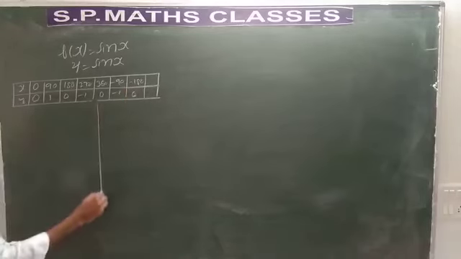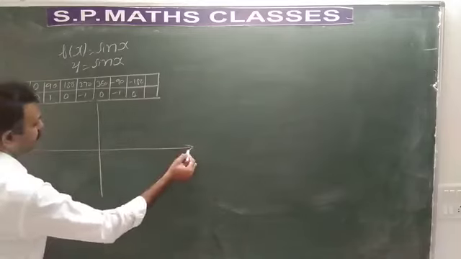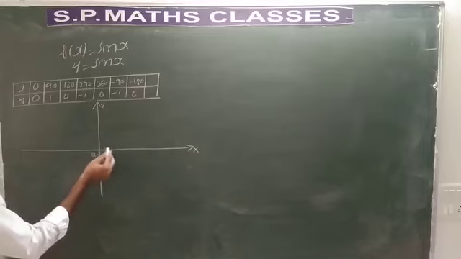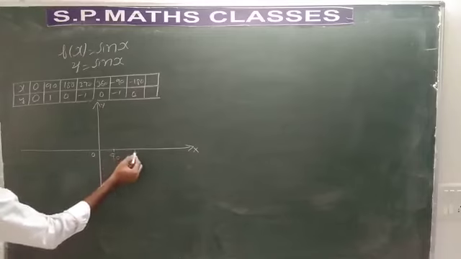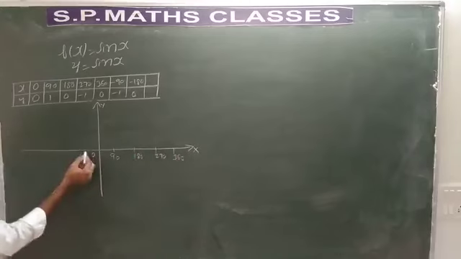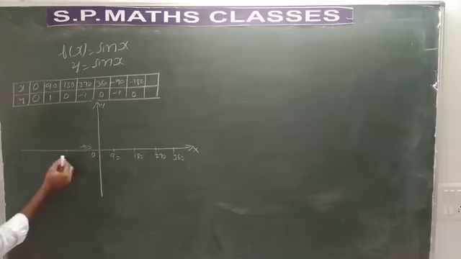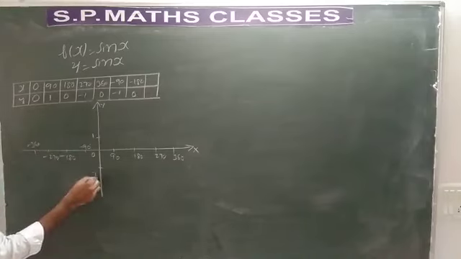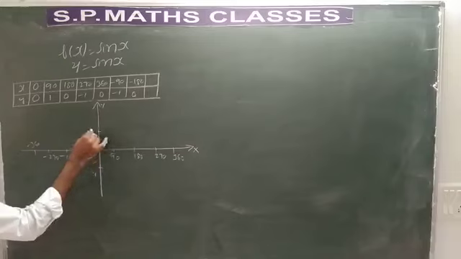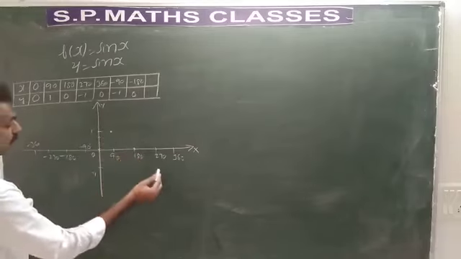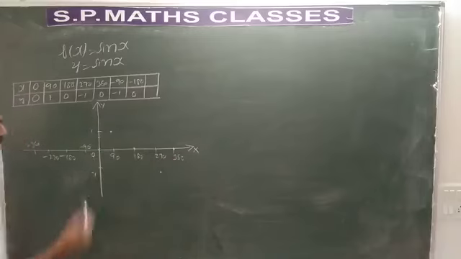Now how to plot this? X and y. Here we have 90, 180, 270, 360. Here it comes minus 90, minus 180, minus 270, minus 360. Here it is plus 1, here we have minus 1.